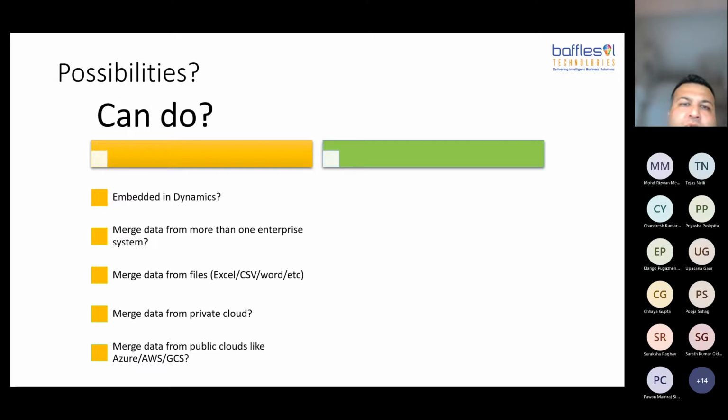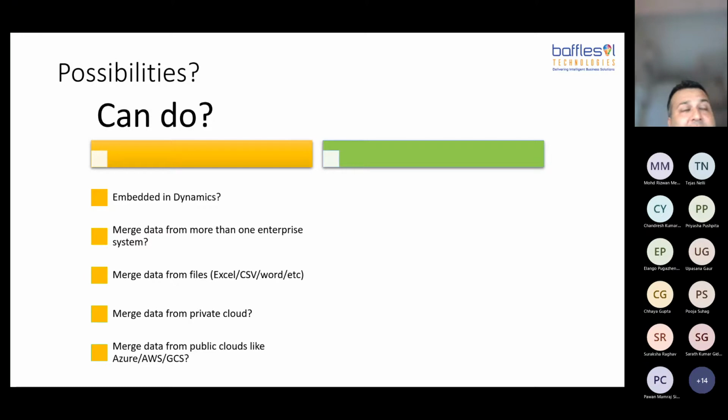Is it possible to read it from there and merge it? Can we merge data from a private cloud, which is another new thing which enterprises are exploring? Can we merge data from public clouds like Azure, AWS, and GCS, or can we have more than one cloud service in a single report? Now let's look at the answers.